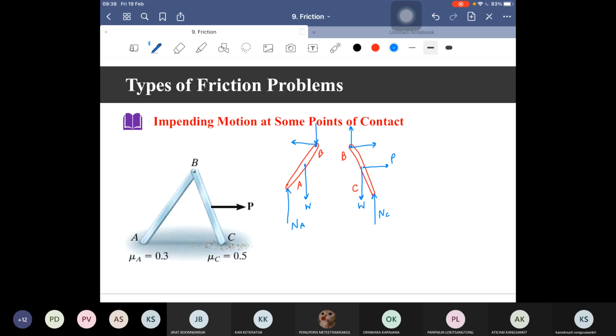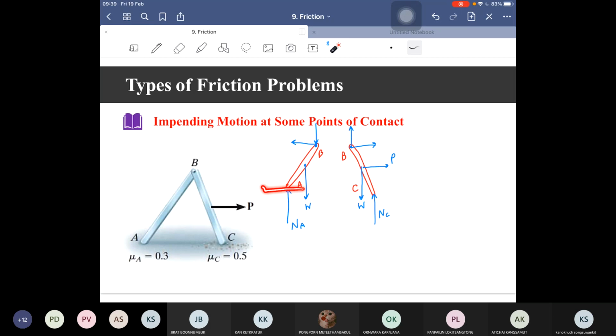Now let's consider the movement, the tend-to-move direction. We exert the force P to the right-hand side. So both BC and AB will tend to move to the right-hand side.